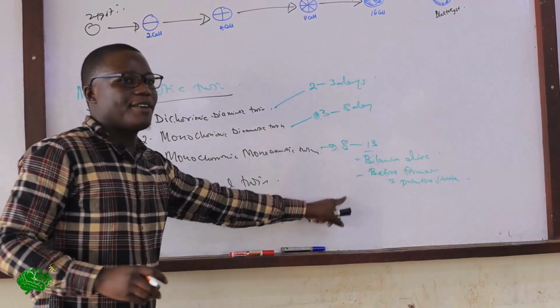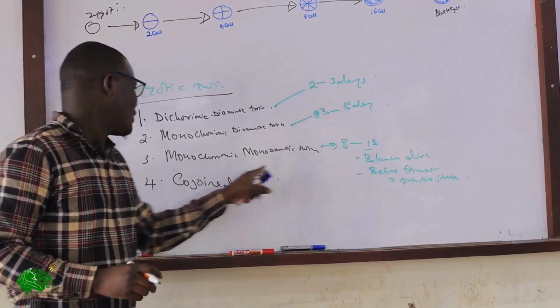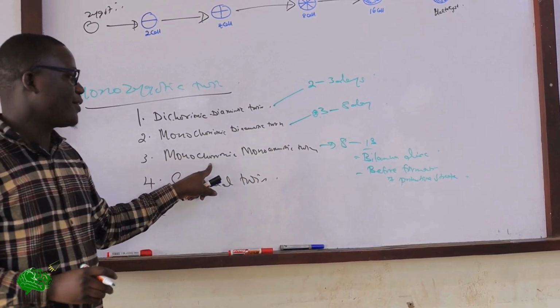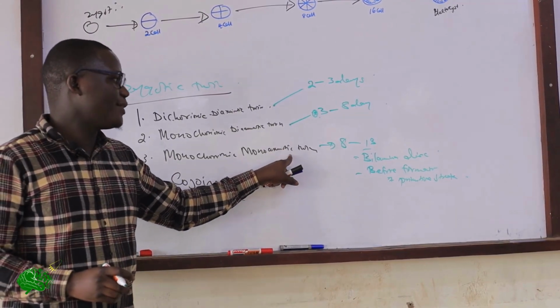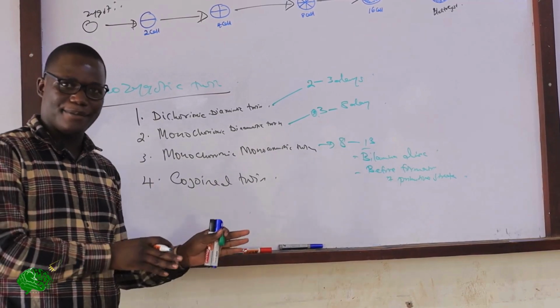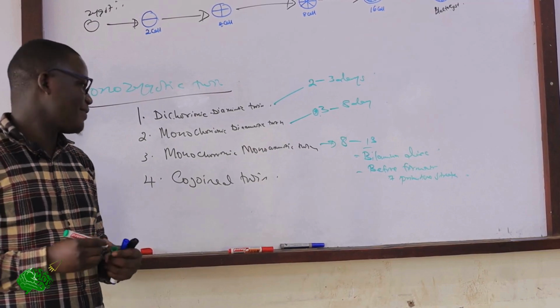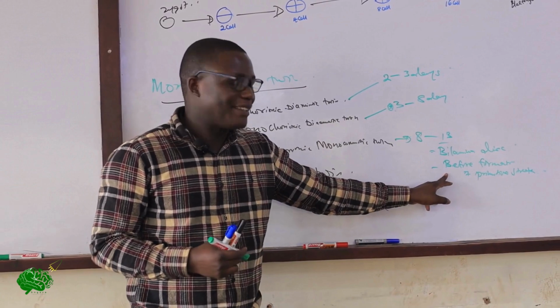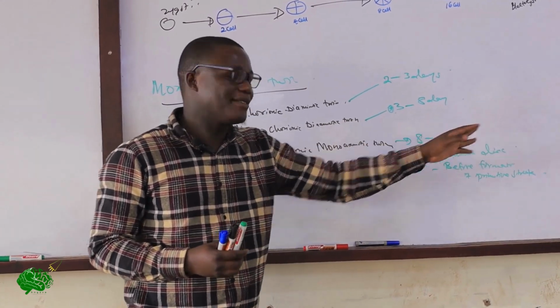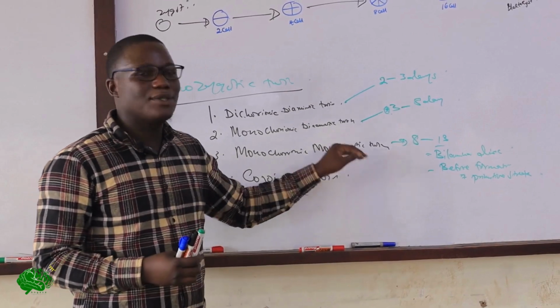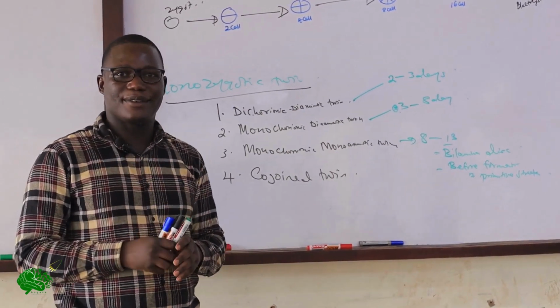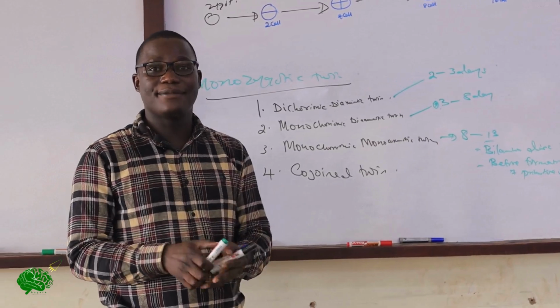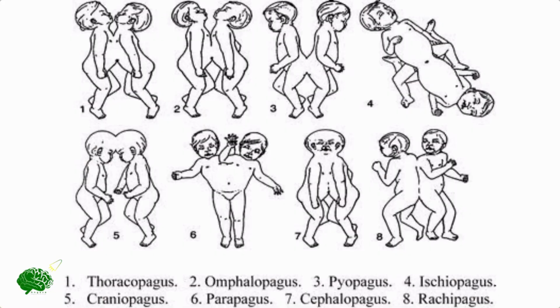When this separation of the embryo occurs here, we shall form what we call monochorionic, monoamniotic twins. In other words, the same placenta, the same amniotic cavity. However, the splitting may be slightly delayed, maybe occurring day 13 and above. There, it will lead to incomplete separation of the fetuses being formed. If there is incomplete separation of these fetuses, we shall have what we call conjoined twins.